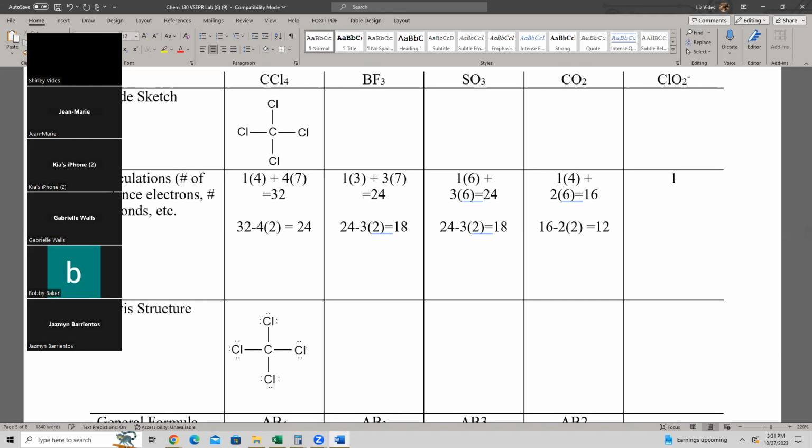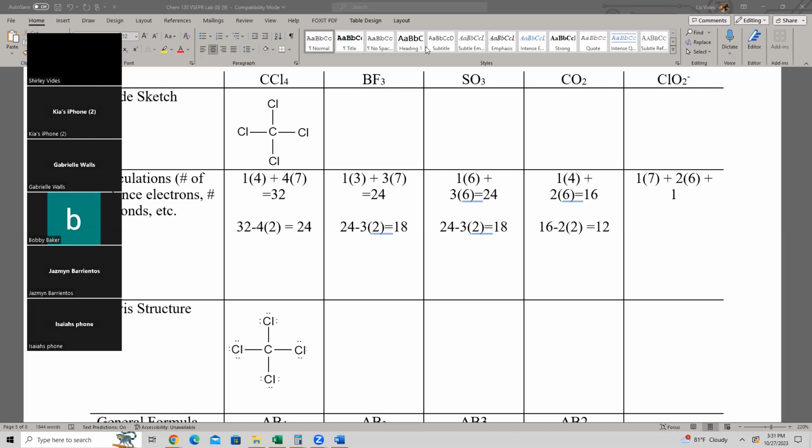We have 1 chlorine times 7, plus 2 oxygens times 6, plus one more from the charge. Remember that charge gives you 1 extra electron.